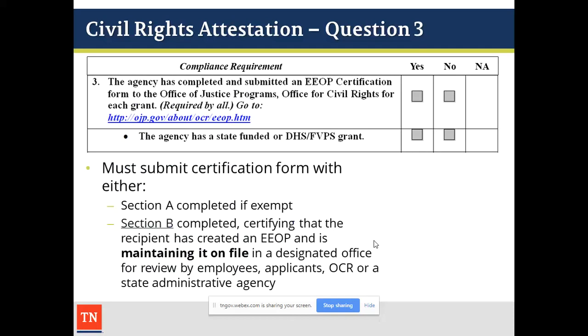And if you're exempt from developing an EEOP, you'll submit Section A of the certification form to OCR. If you're not exempt, you will submit Section B of the certification form to OCR, and you will also have developed the EEOP but be maintaining it on file.